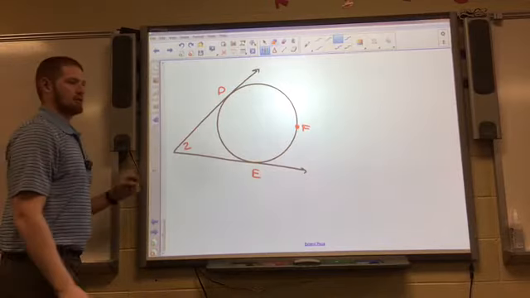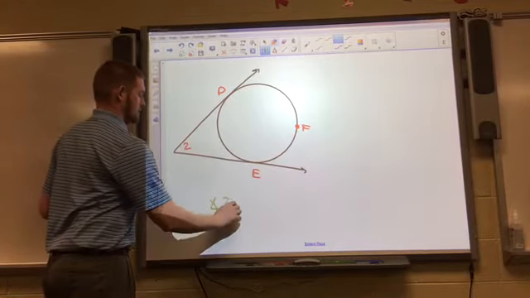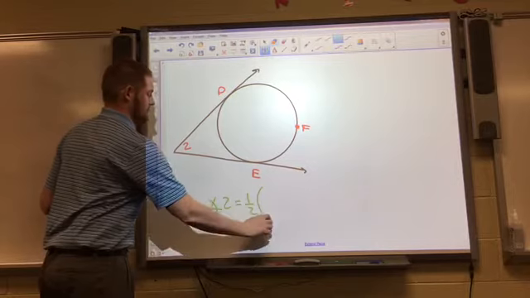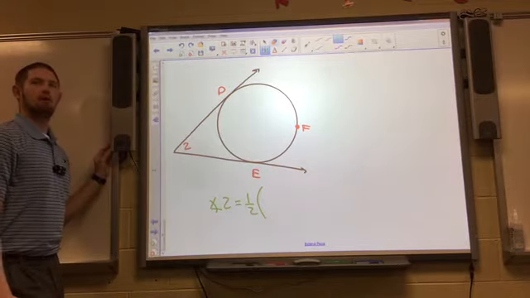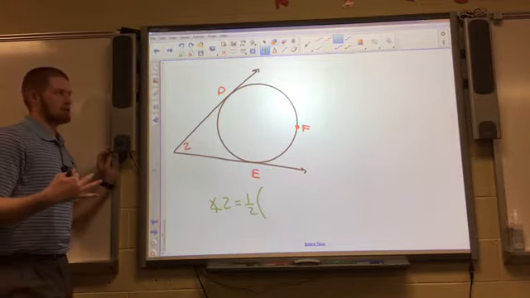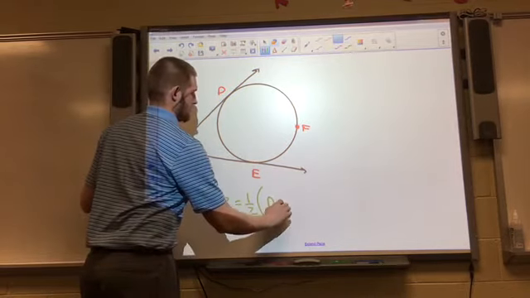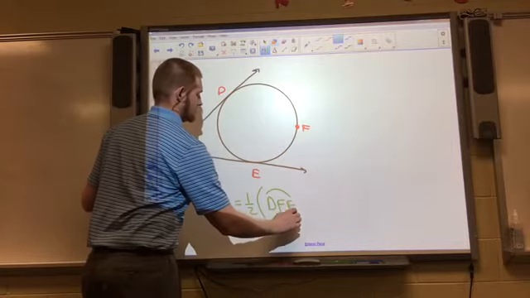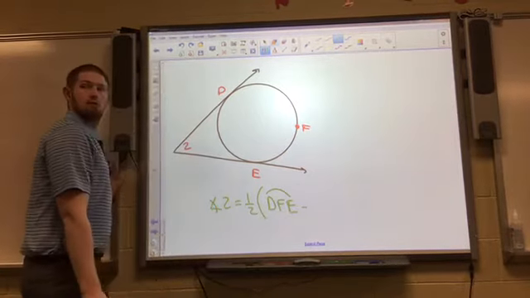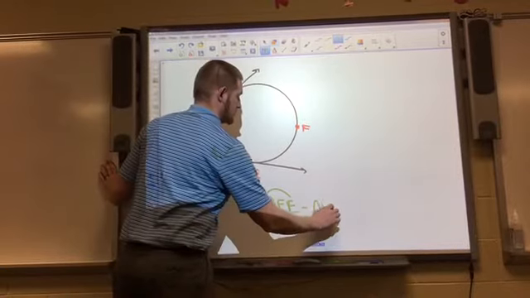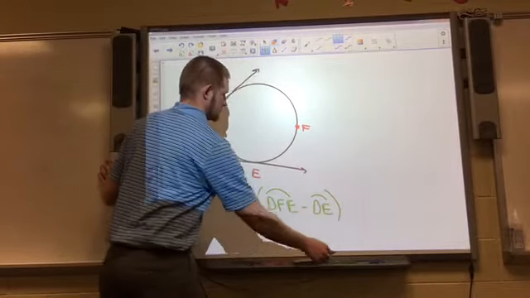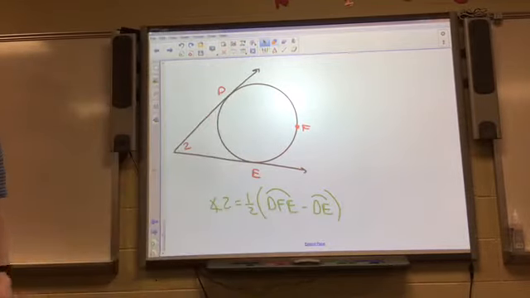In this case, angle 2 is half of... Why did you use 3 letters there? Because it looks to be a major arc. So DFE minus DE. They're all going to be the same concept, right?